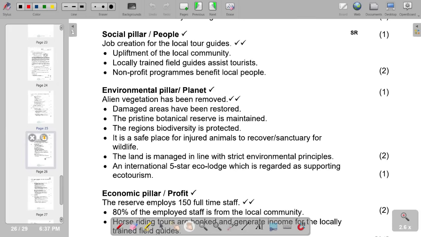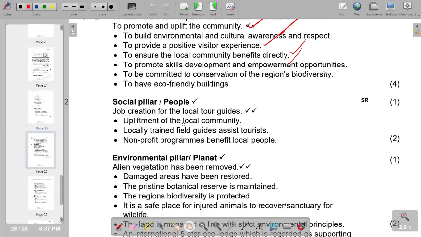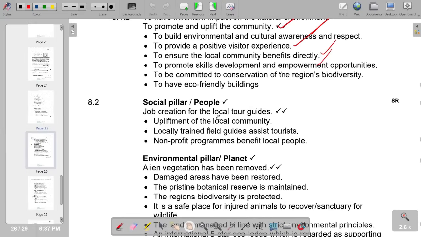So we have social pillar as the first one, which is a job creation for the local tour guides, as indicated in the information that we have, an upliftment of the local community, local trained field guides assist tourists, and non-profit programs benefit local people. Then in terms of the environmental pillar, we have got alien vegetation has been removed, damaged areas have been restored, the pristine botanical reserve is maintained. So these are the points supporting environmental pillar.